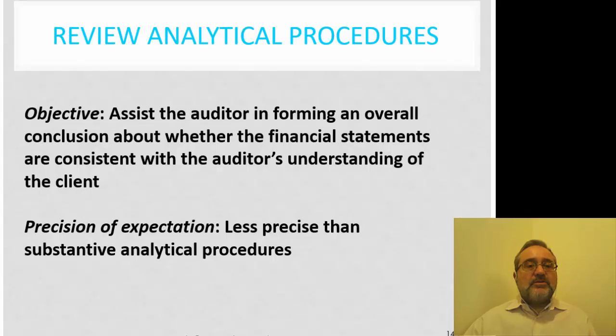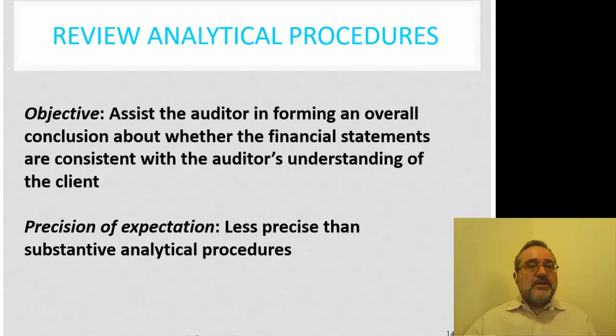Analytical procedures are these ratios that we use, and if you remember, the auditor is required to use these analytical procedures at the beginning of the audit and at the end of the audit. We also have identified analytical procedures as appropriate substantive testing.